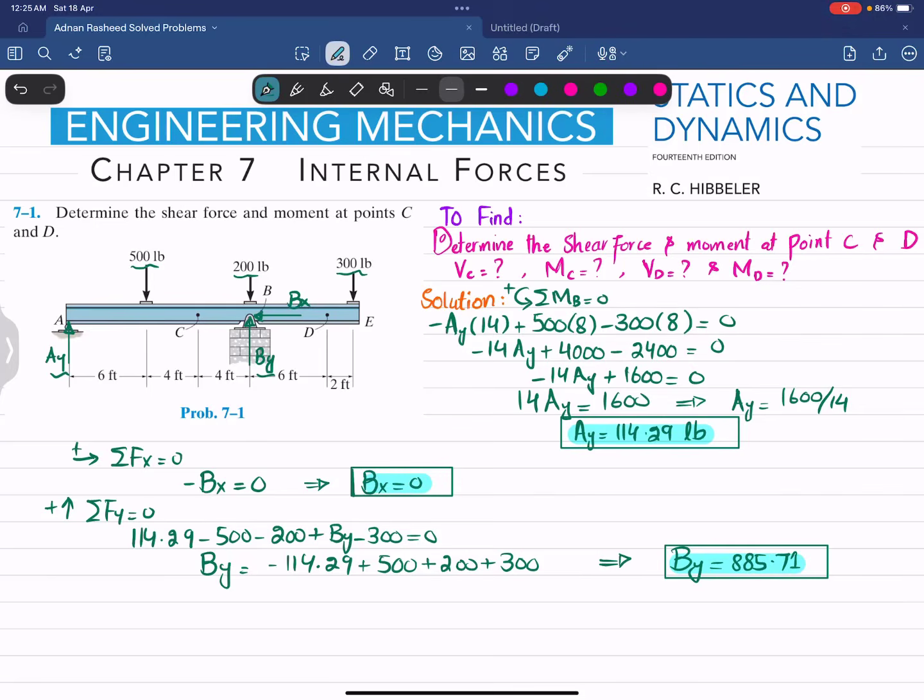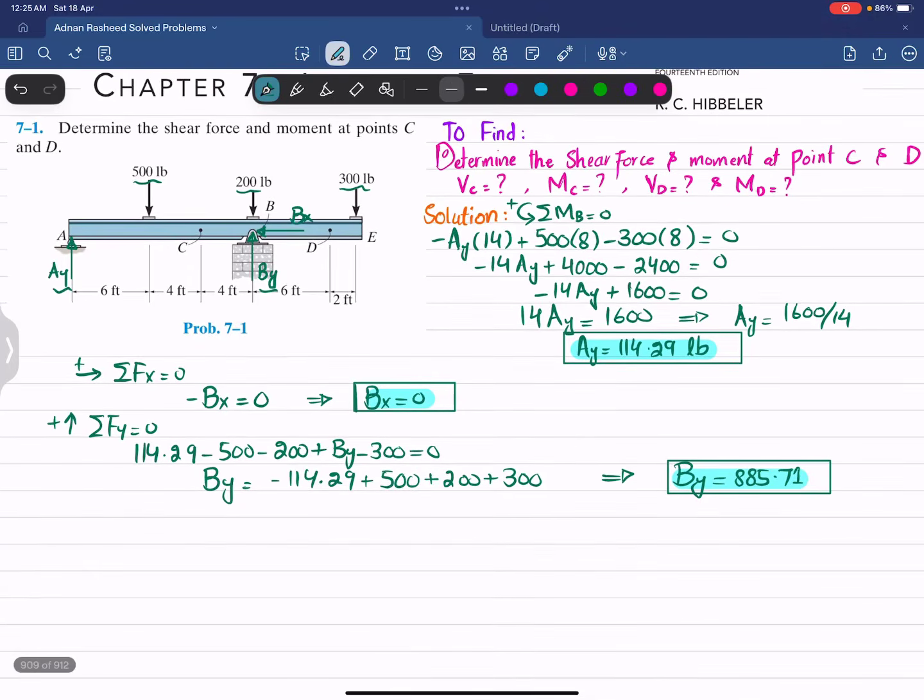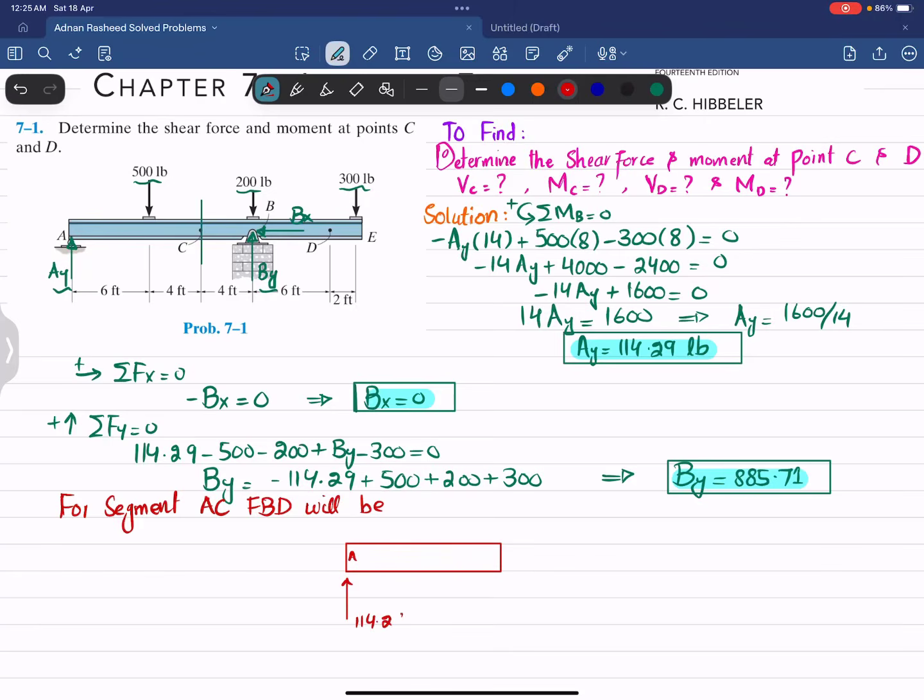Now we will first find the internal shear force and moment at point C. For that we will cut the beam at point C and draw the free body diagram for segment AC. If I draw this beam like this, this is your point A, where you have only AY, which is 114.29.